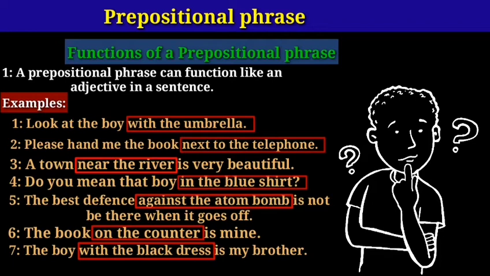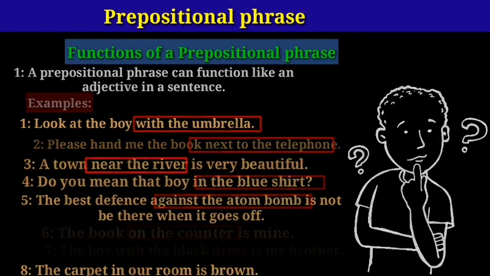So that is why it functions just like an adjective. The carpet in our room is brown. Which one carpet is brown? In our room. Here in our room is a prepositional phrase because it starts with a preposition, that is in, and it modifies the carpet.